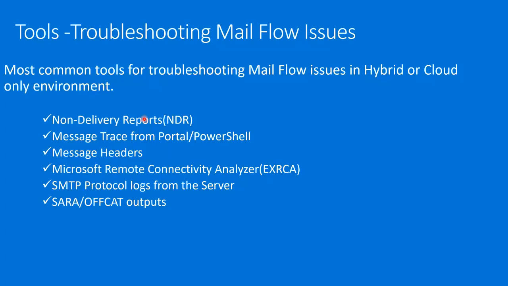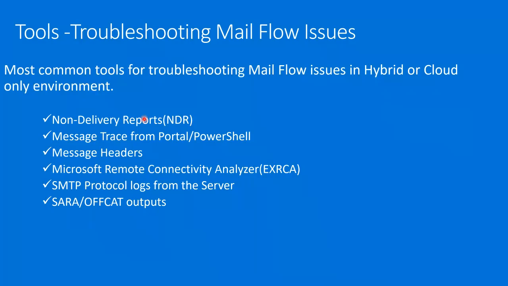When the recipient or the sender raises a concern that a sent or received email is not being delivered properly, the first question is: do we even receive any NDR to start with? And if we have an NDR, that gives us basic information about what could possibly be happening during the transit. If I don't have an NDR, what are the next steps?